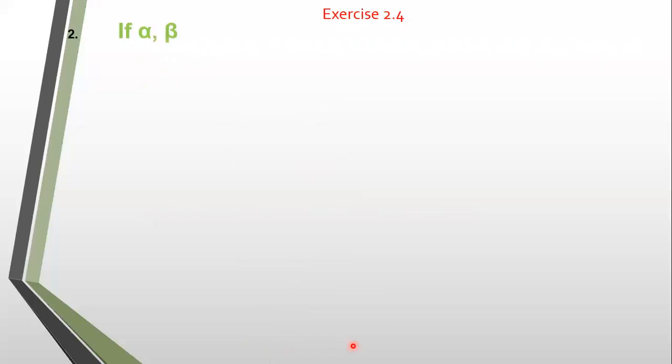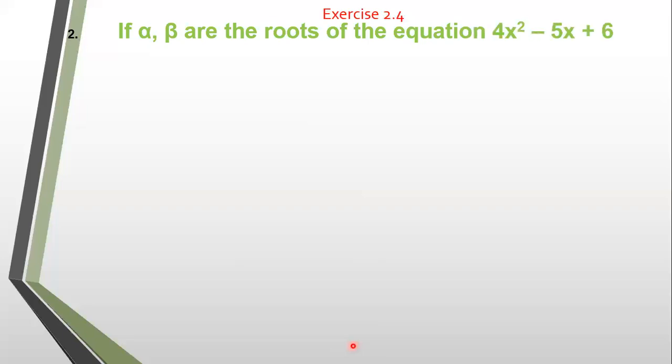Now, if alpha and beta are the roots of the equation 4x square minus 5x plus 6 is equal to 0, then find the values of the following. Now the equation changes. Here 4x square minus 5x plus 6 is equal to 0 is our new equation.